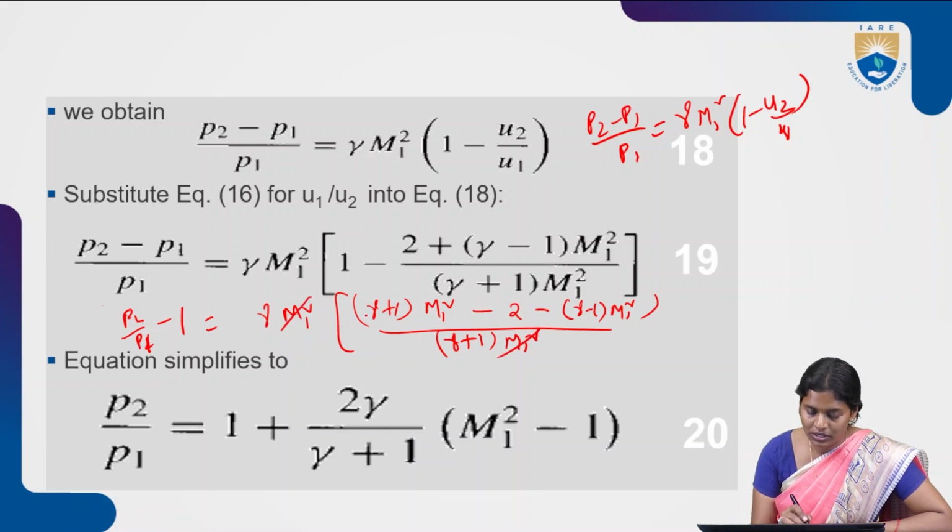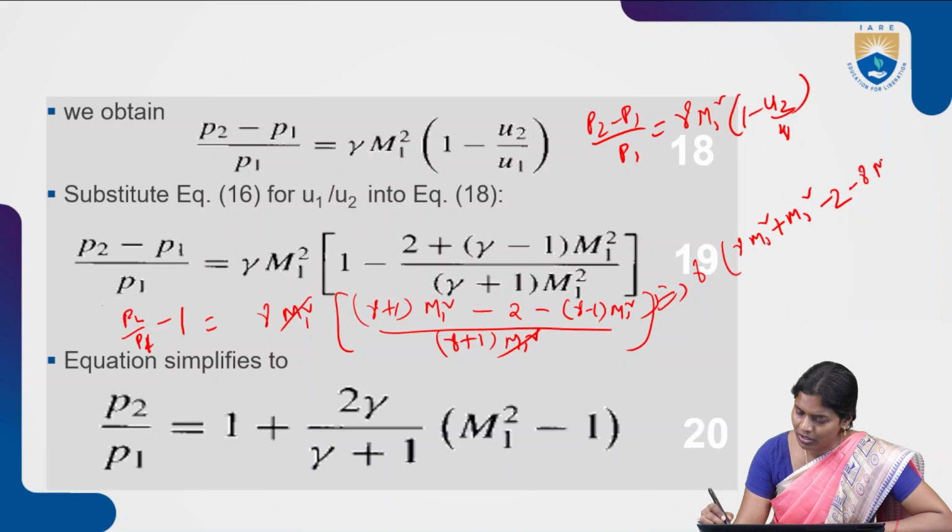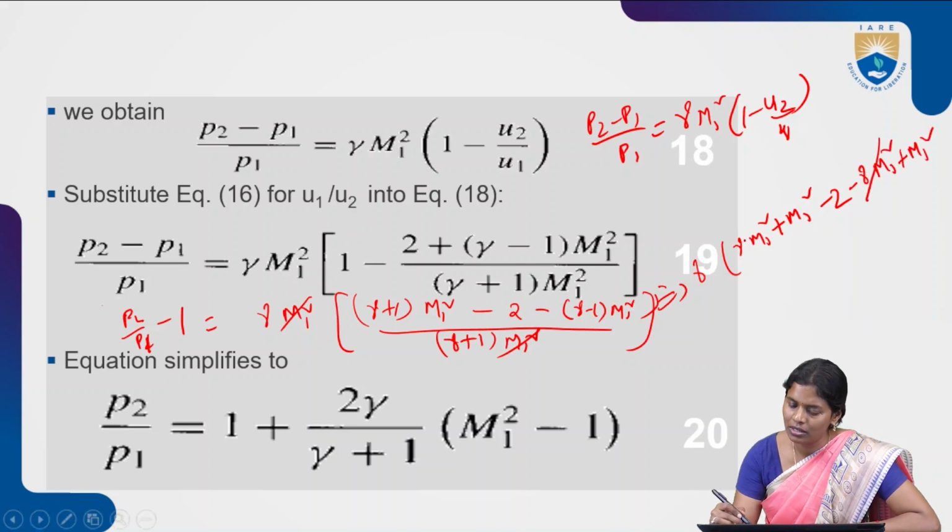So now further this expression we can write as only this expression, right? So first let's write gamma into gamma M1 square plus M1 square minus 2, minus gamma M1 square plus M1 square. So gamma M1 square minus gamma M1 square will get cancelled out.